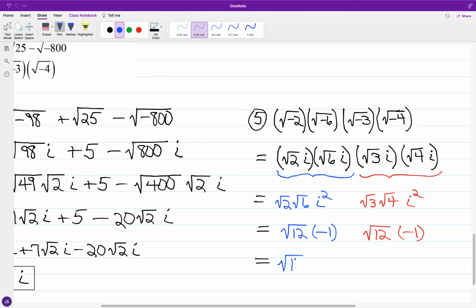And I'll just rearrange the factors. So you got in the radicals the square root of 12 times the square root of 12, and you got -1 and -1, and -1 times -1 is just going to be 1.